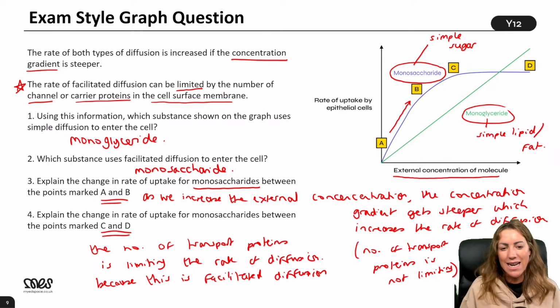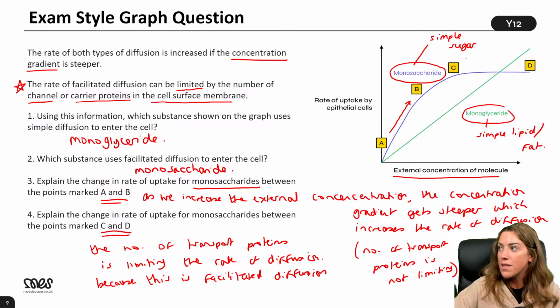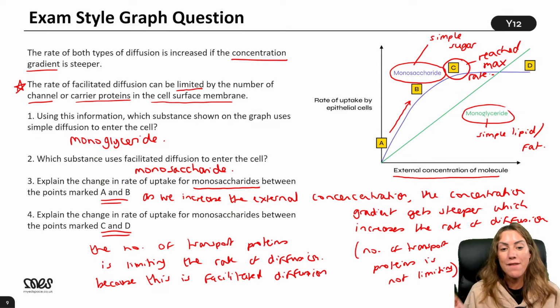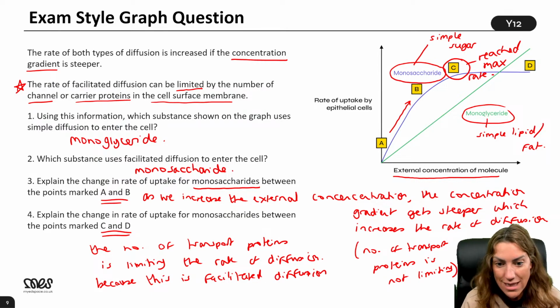That's what I want you to understand. It's limited by the number of transport proteins, whether that's channel or carrier proteins. By the time you get to C, it's reached a maximum rate. It can't move in any faster. All the transport proteins are being used. How did I know the monoglyceride uses simple diffusion?